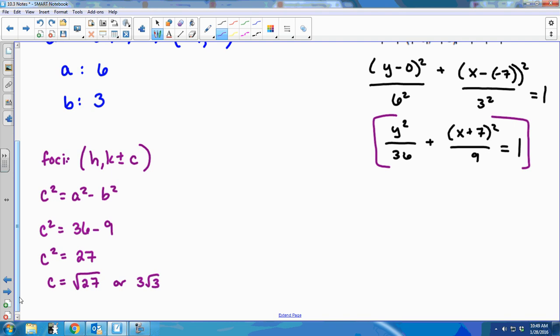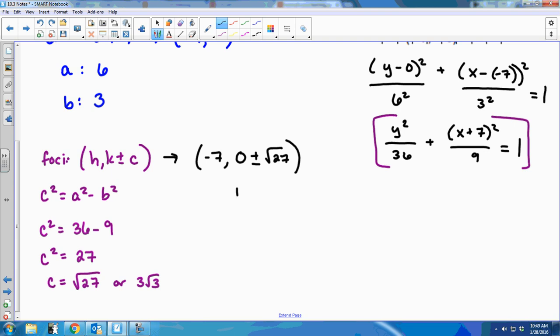All right, then we actually have to write the coordinate. So we have h, which was negative 7, and then k, which was 0, plus or minus the square root of 27. You can leave it in this format. That's totally fine. Or you can write them individually. Both are acceptable.